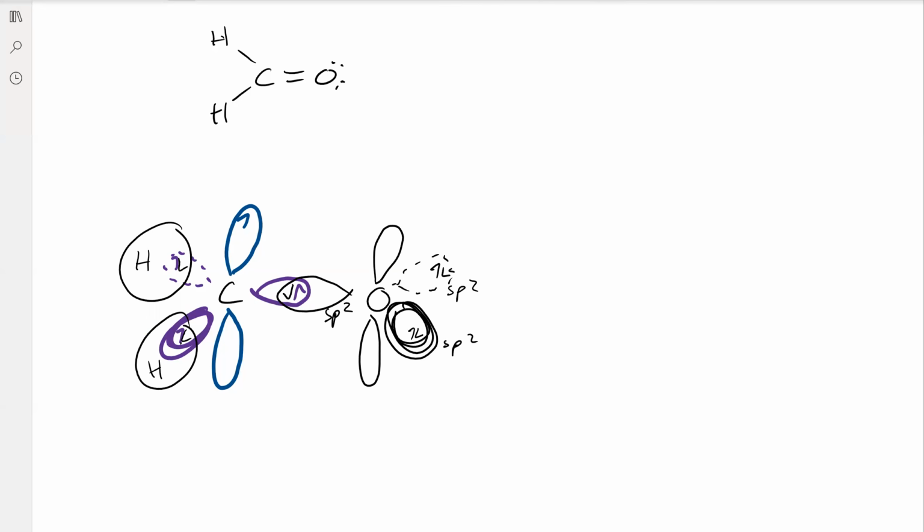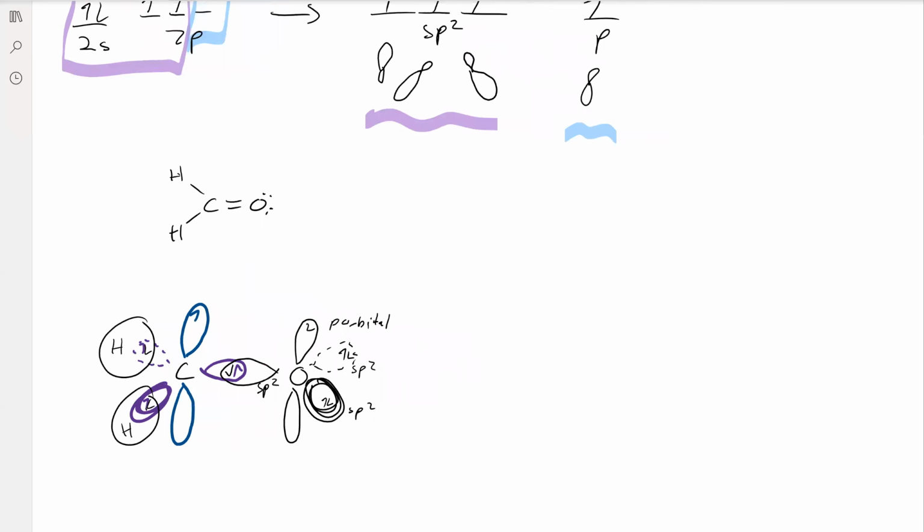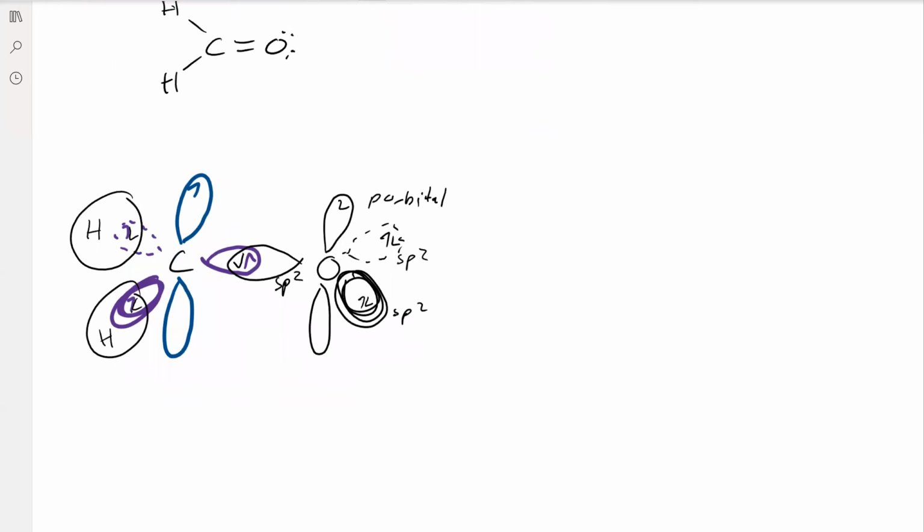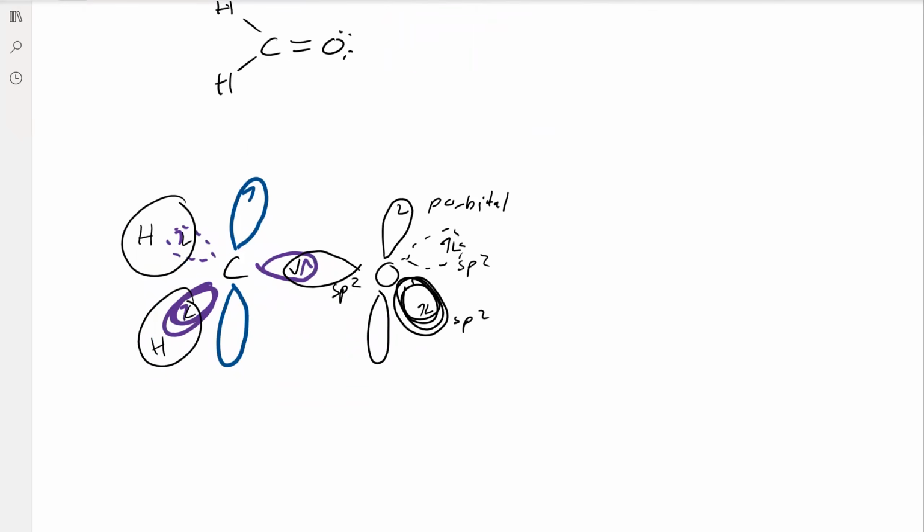And then it too will have 1 leftover p orbital. And then what we can see is that in order to form this pi bond, it's not a direct overlap, but these 2 p orbitals are going to bond to one another. So we're going to have an indirect overlap, and that's what comprises our pi bonds.